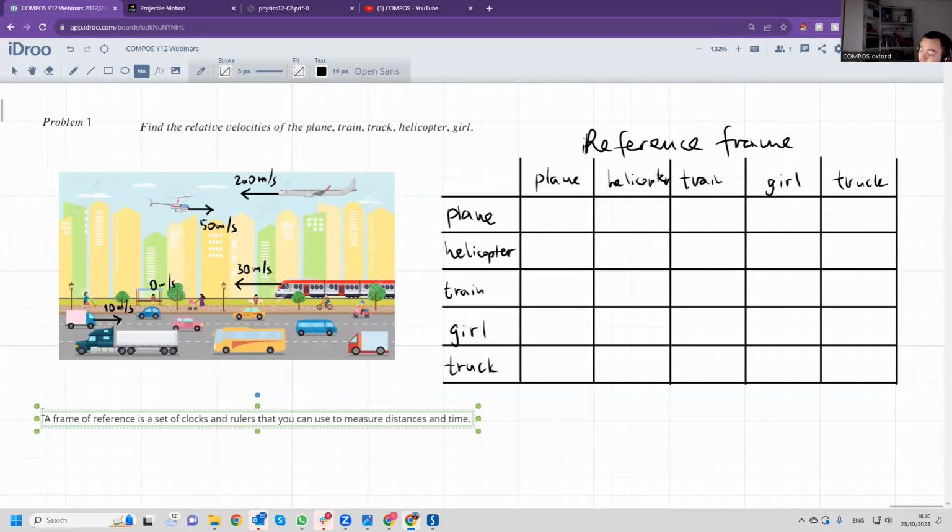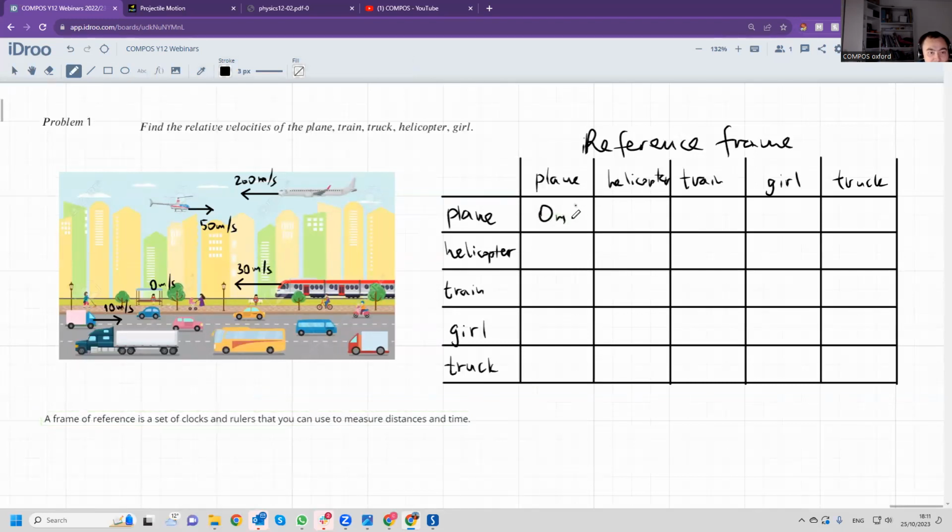To understand relative velocities, I've drawn up an example. Let's say you are in the plane, and relative to you, the plane is not moving. It is moving at 0 meters per second.